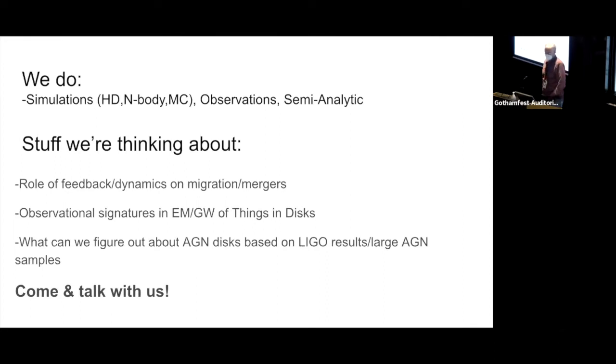There's a fascinating anti-correlation that Tom Callister from CCA has discovered in the LIGO data, where the effective spin that LIGO measures, chi-effective, increases with increasing mass ratio in binary black hole mergers. This is a really curious, interesting result.